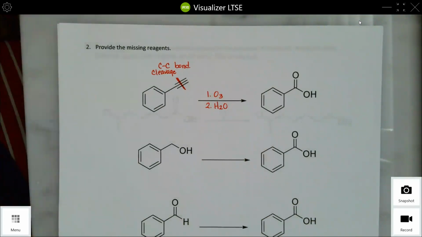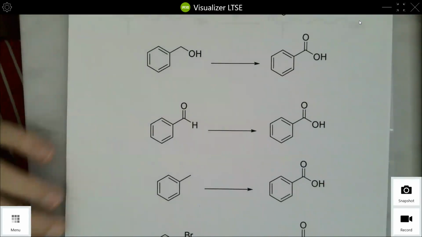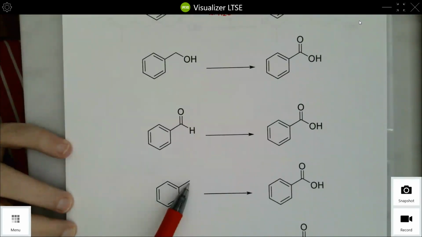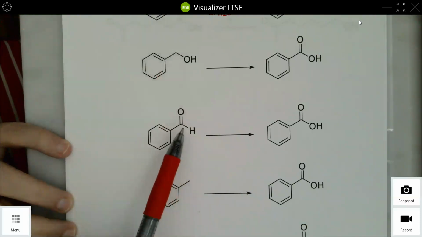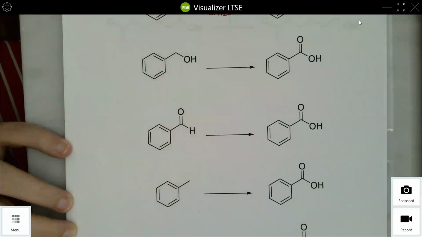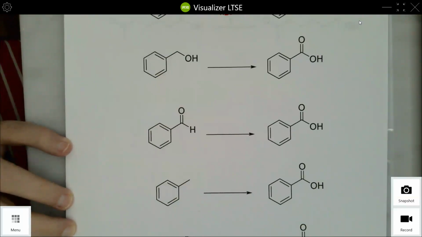Okay, the next 3 are all oxidations. So we're either oxidizing the benzylic position all the way from an alkyl group, we're oxidizing a benzylic alcohol, and we're oxidizing a benzaldehyde. And either way, the conditions are the same.